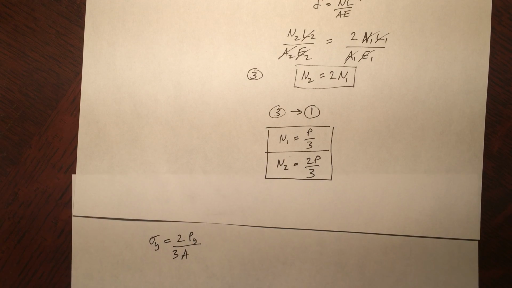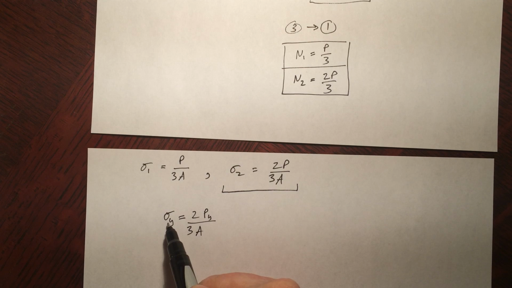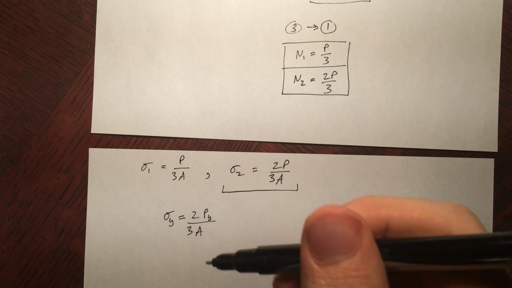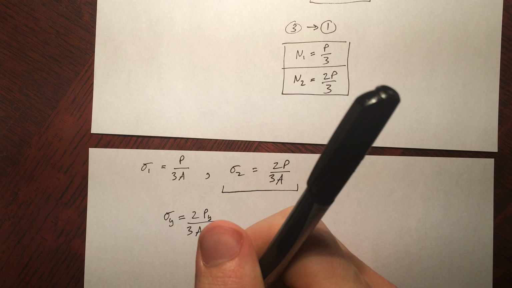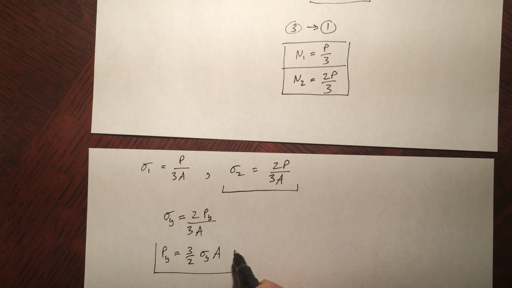Take a second to understand why that's true, because it's important that you realize this is the case. If there's a load P yield, at the time P yield is being applied, it must also be sigma yield. So in this case, let's solve for P yield. It's going to be 3/2 sigma yield A.